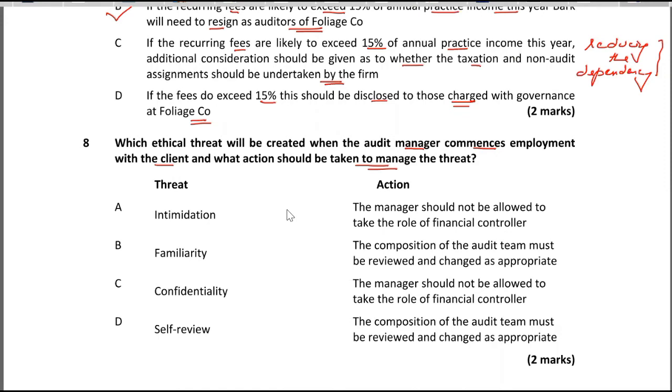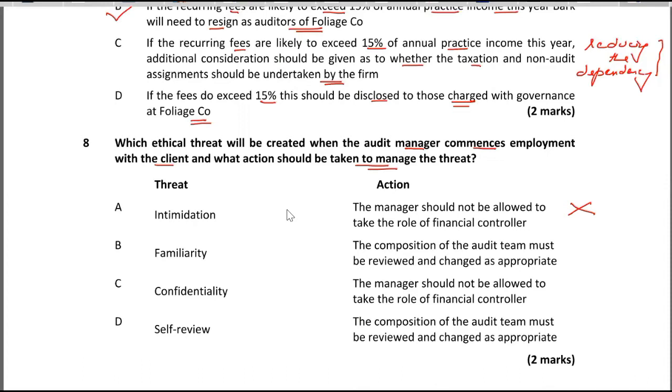Intimidation. Now, intimidation is when the manager should not be allowed to take the role of the financial controller. We cannot stop them. This is not practical. We cannot tell the audit manager not to join them as a financial controller. This is his right. If he's going, fine, let him go.